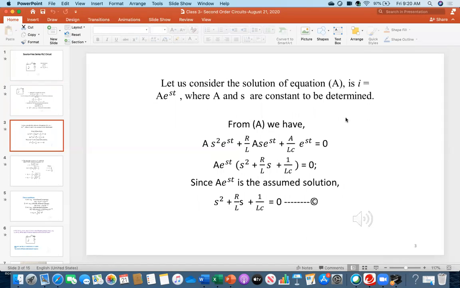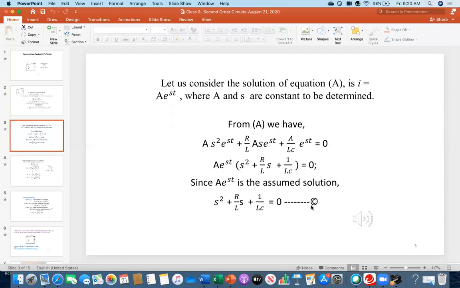After substituting i equals A multiplied by e to the power st, we get this one. In this equation, the common factor is A multiplied by e to the power st. So you are getting s square plus R over L s plus 1 over LC, and this multiplied by that equals 0. This can't be 0 because that is our assumed solution. So the right side factor is the 0.